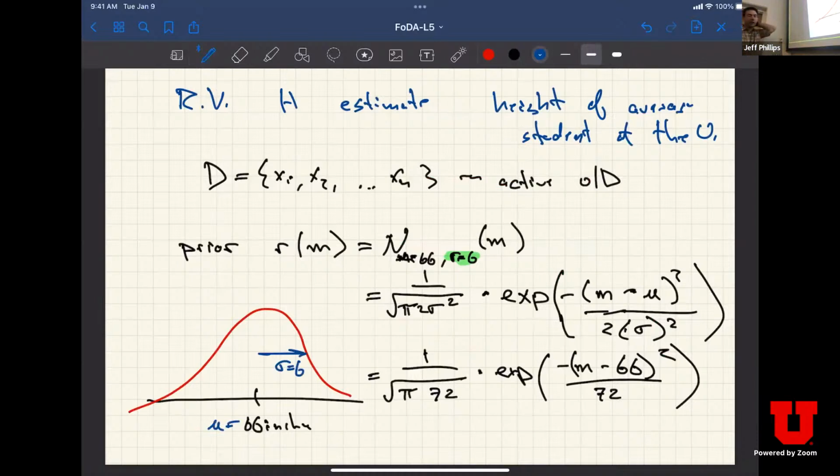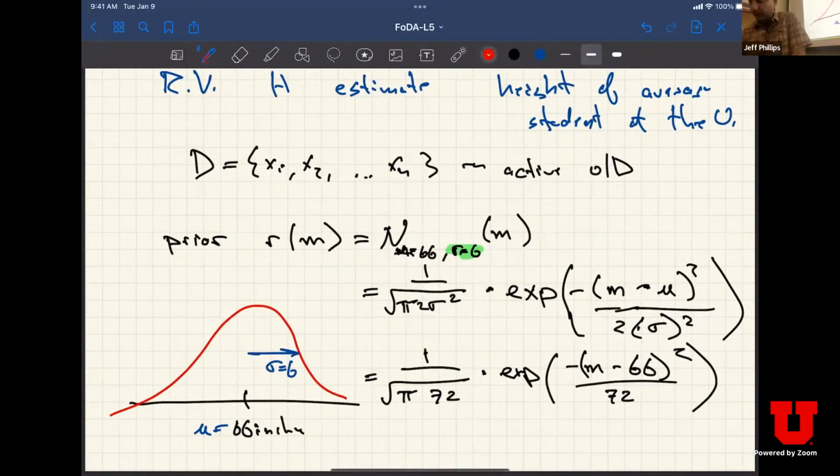Okay. So the first thing I want to think of is, let's say I took the average of the set D, and I got 5.5. Okay, what's the first thing I should be thinking about here?